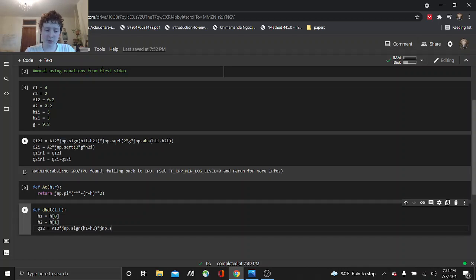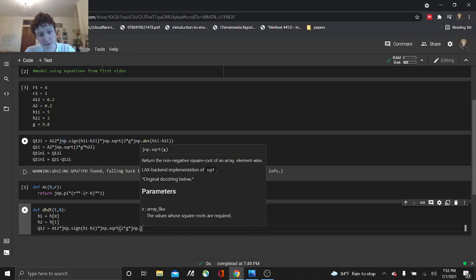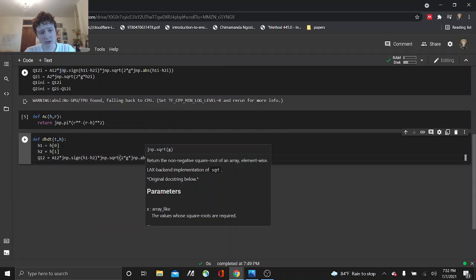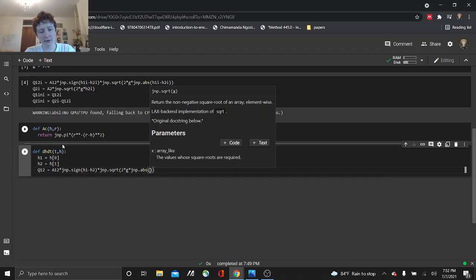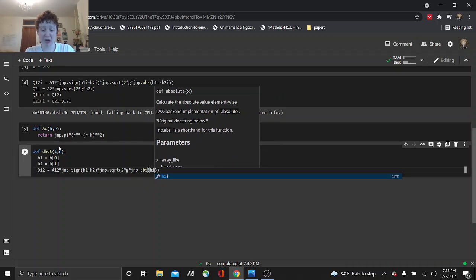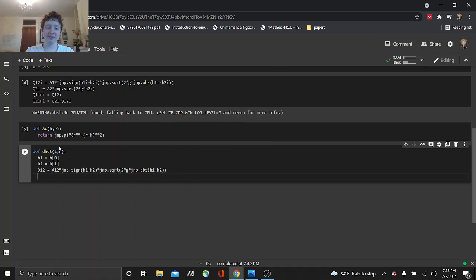And we're going to take the square root of 2 multiplied by g multiplied by the absolute value of h1 minus h2. Okay, then we're going to do the same thing for the flow rate that's leaving tank 2.